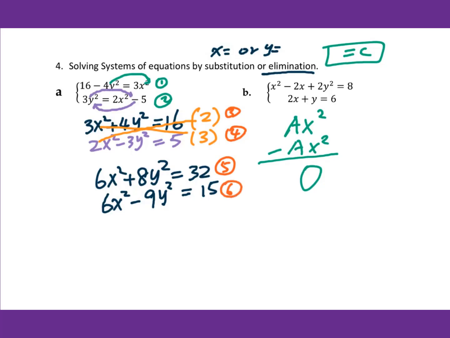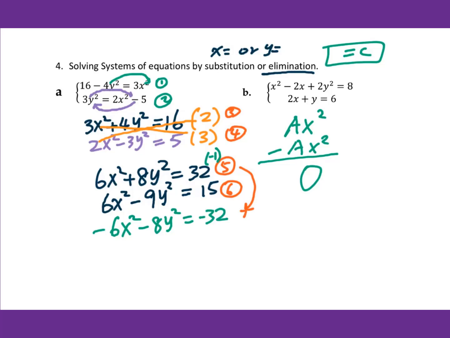I try to create the opposite variable. Therefore, you need to change the sign. Everything for number 5, I multiply by negative 1. So you need to change the sign. Negative 6x squared minus 8y squared equals negative 32.